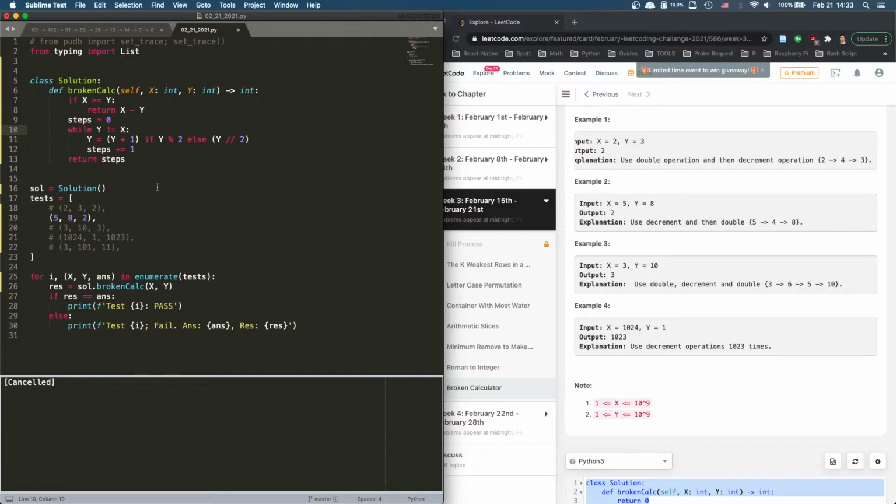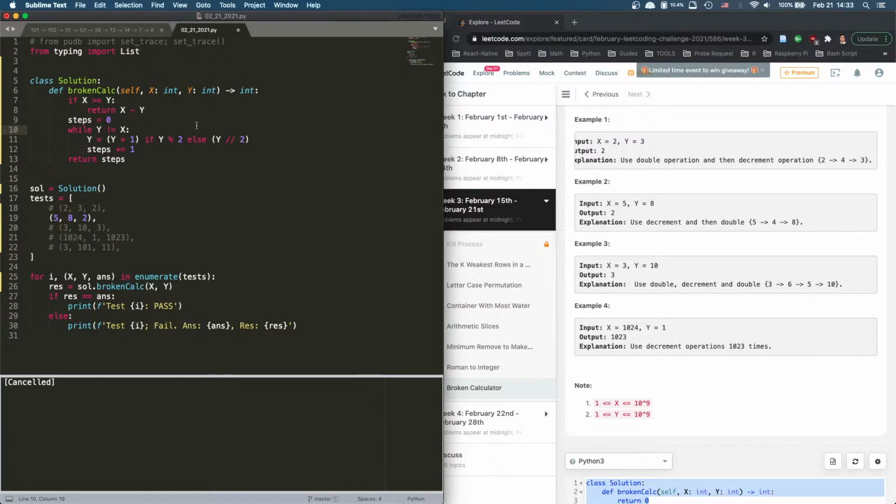But I cannot do that because now I'm 4. Hold on, let me think. What I mean is, throughout this process, y should always be larger than x. Only when y is larger than x, we're doing this, because we're trying to bring y down.